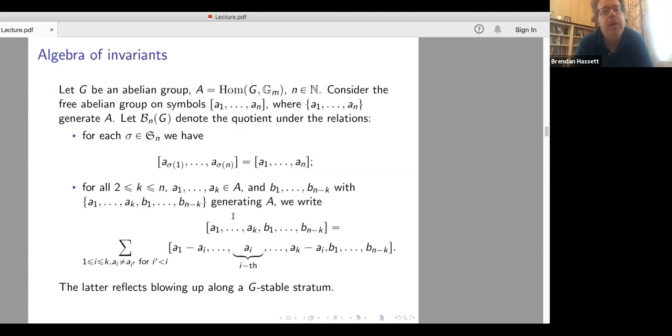It is going to be a quotient of this free abelian group on these symbols, subject to the following relations. If I simply permute the characters, it doesn't change what the symbol is. Remember, let me go back a little bit.